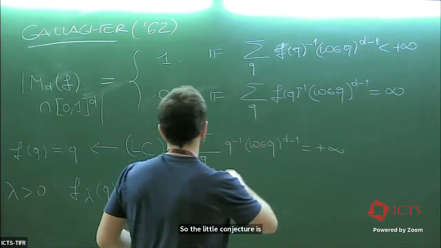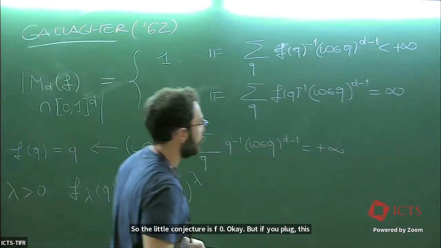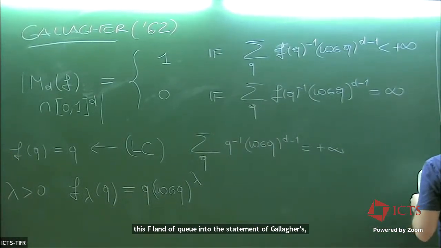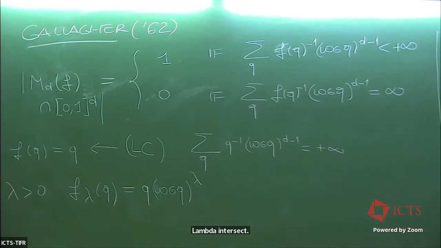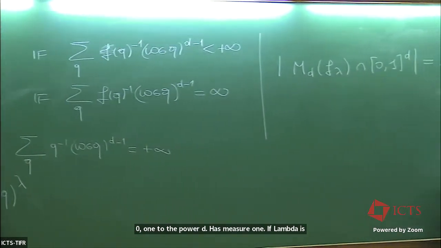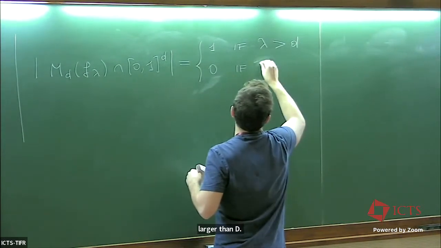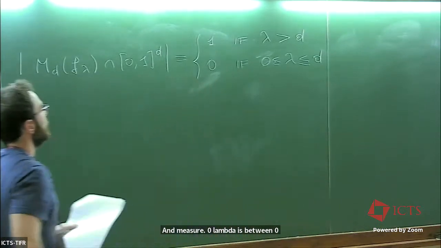If you plug this f_lambda into the statement of Gallagher's theorem, you will see that M_d^{f_lambda} intersected with [0,1]^d has measure 1 if lambda is larger than d, and measure 0 if lambda is between 0 and d included, right?